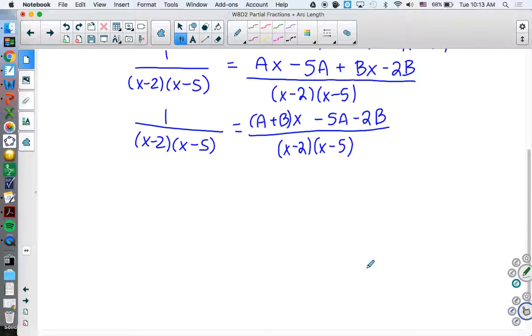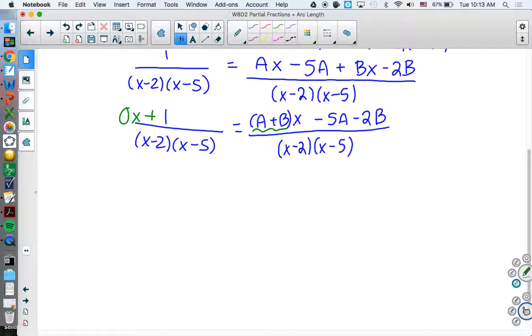Okay, now here's the step where we have to actually figure out what a and b need to be. So notice in the original fraction we've got 1 in the numerator. How many x's do you see? None. So this is really 0x plus 1. It's just not there, right? I haven't written that. Which means if I have no x's here, what does a plus b have to be? 0.